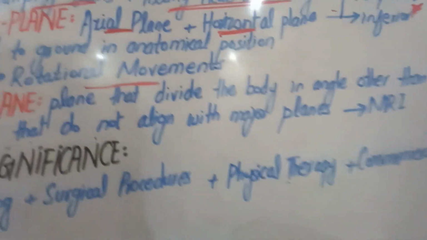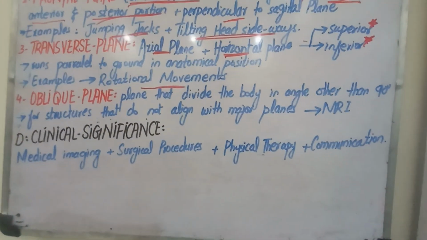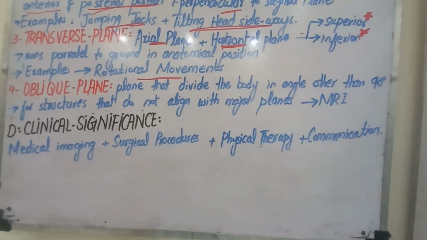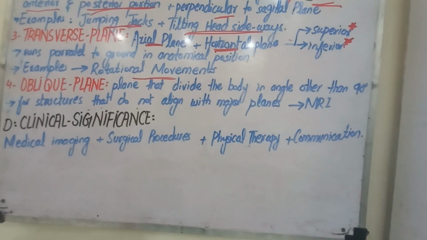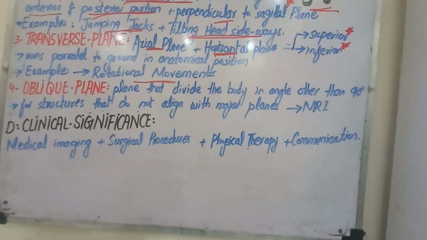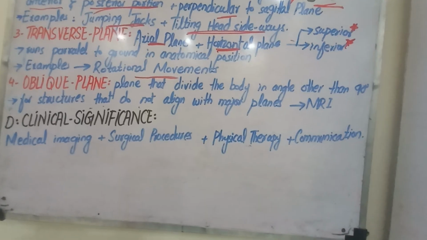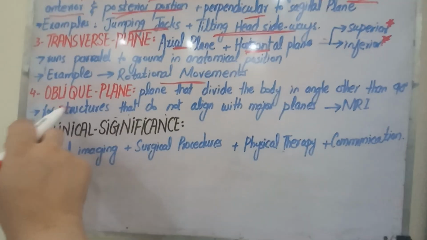The next anatomical plane is the oblique plane. It is a plane that divides the body at an angle other than 90 degrees. In the start we said the imaginary planes are flat surfaces, but when they are not at a right angle, they are called oblique planes.